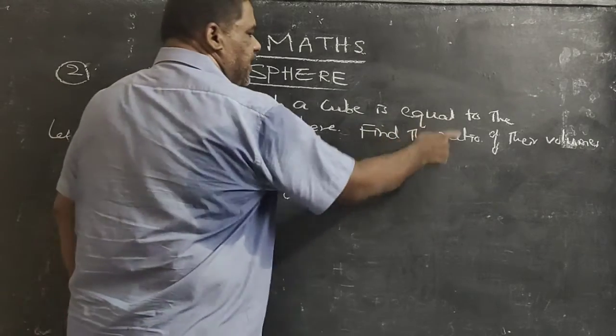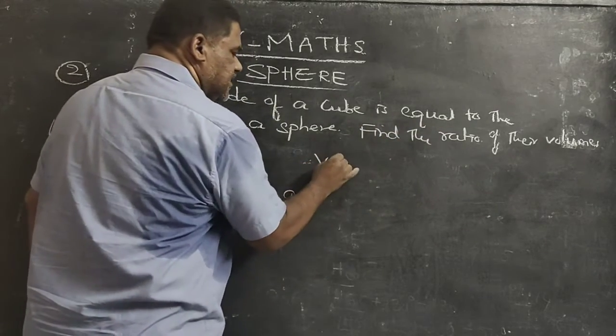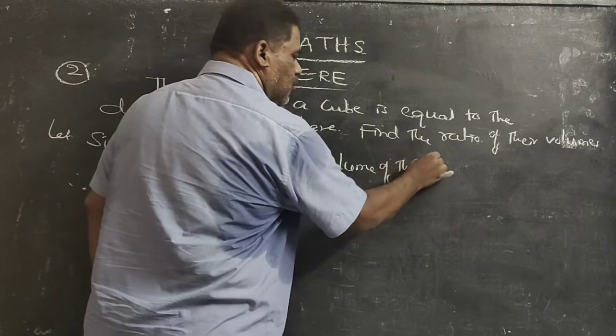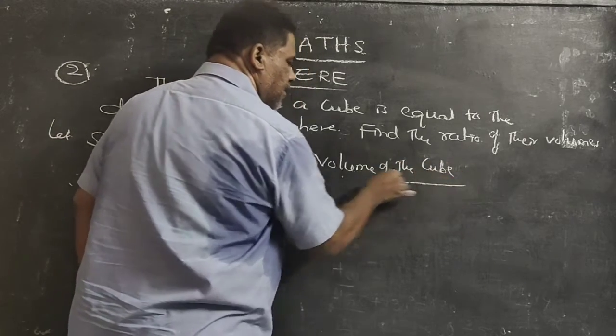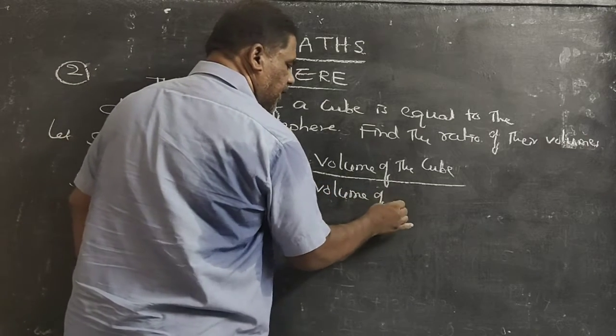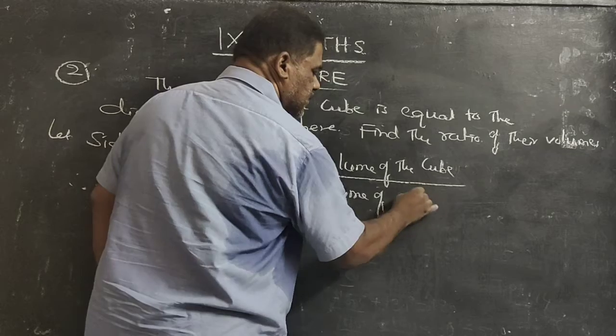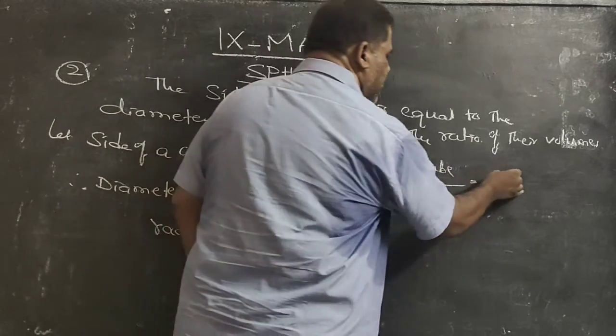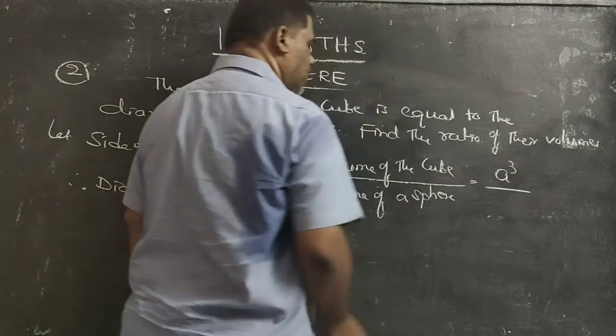Now we should find the ratio of their volumes, that is volume of the cube by volume of the sphere. Volume of the cube is given by the formula a cube.